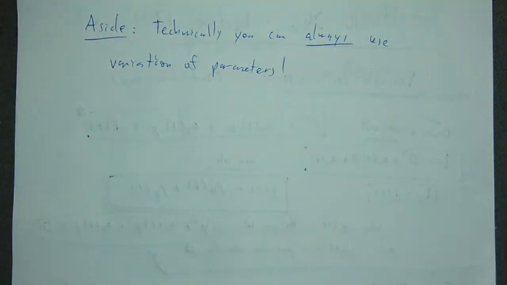If I could always use variation of parameters, then why wouldn't I do that? Variation of parameters is typically not as nice as the others in a lot of cases. So in a lot of cases, always defaulting to variation of parameters would be less efficient because the amount of work you would have to do would actually be more with variation of parameters, and the computations might be harder. But the point is, yes, you can always use variation of parameters.